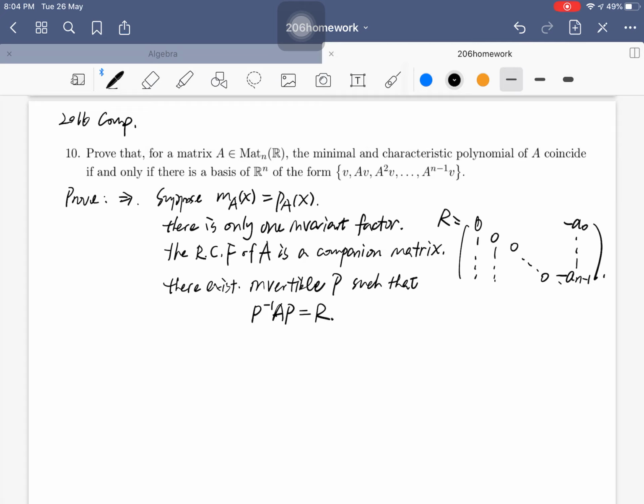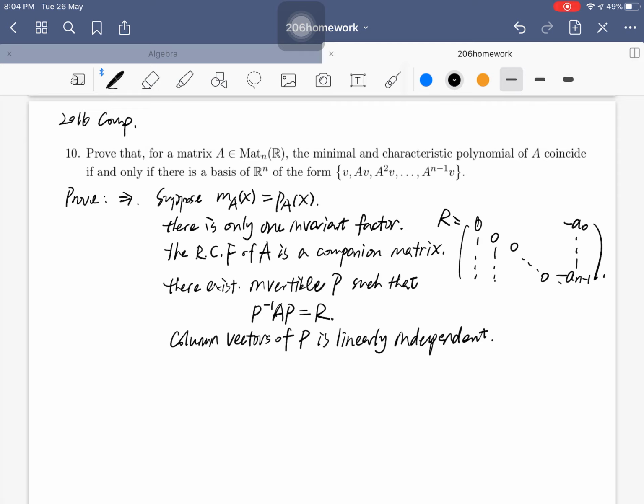Since P is an invertible matrix, the columns of P are linearly independent, and actually they form a basis.